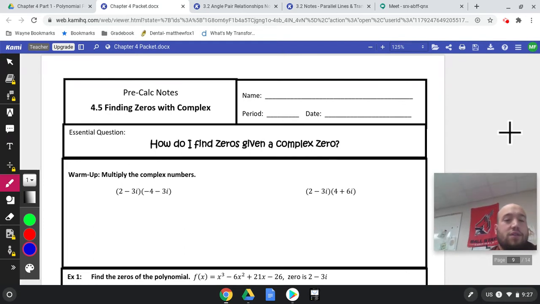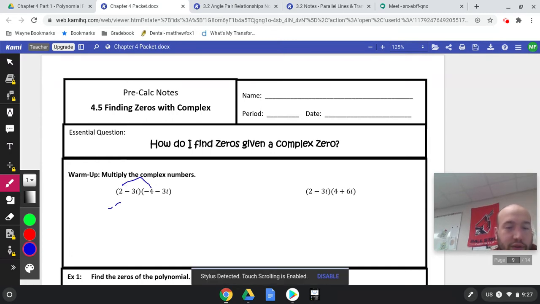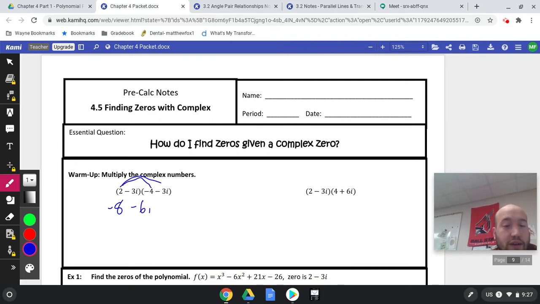All right, so remember we use FOIL. 2 times negative 4 is negative 8. Then we've got negative 6i. This one will be plus 12i. And this final one is plus 9i squared.